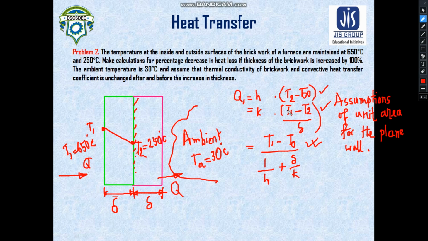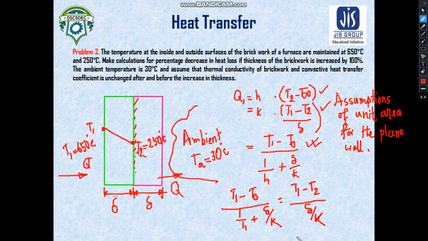So if you try to relate these two equations, you will get (T1 minus T0) divided by (1 by H plus delta by K) is equal to (T1 minus T2) divided by (delta by K).